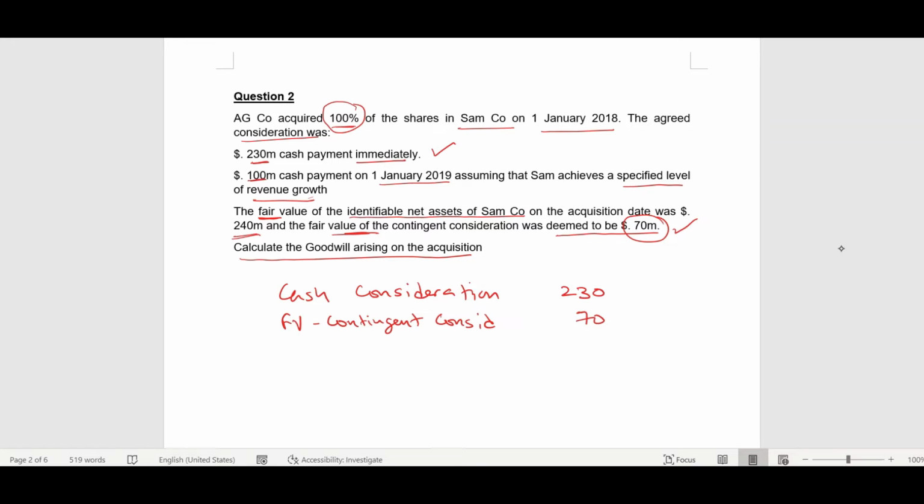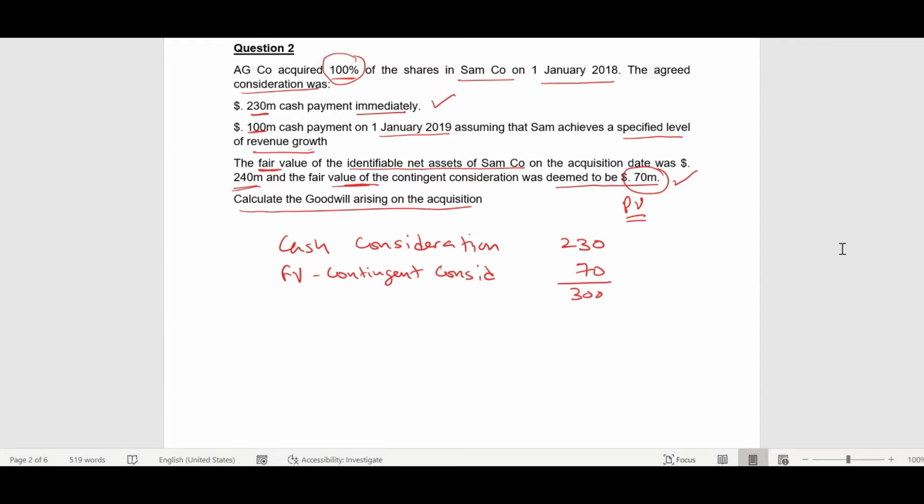Otherwise, if you are given a discounting factor, you can discount it and you can take the present value of the amount to be paid after 1 year's time. Then from this total, which is 300, you need to deduct less the fair value of the identifiable net assets.